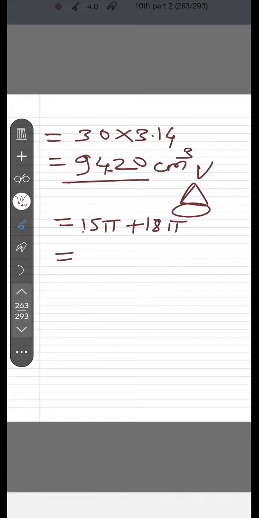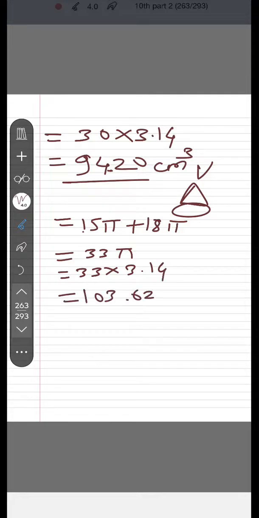We all know 15 plus 18 is equal to 33 pi. So 33 into 3.14. What will be the multiplication? 103.62 centimeter square.